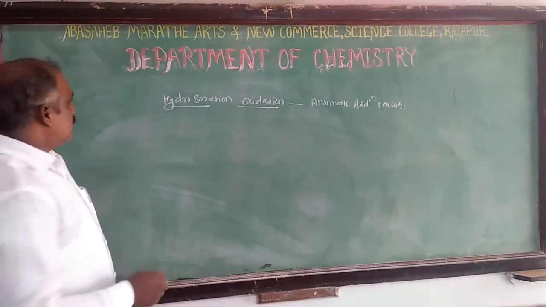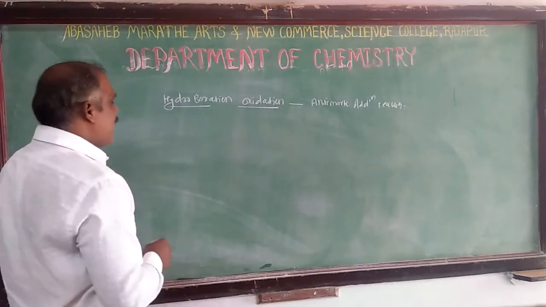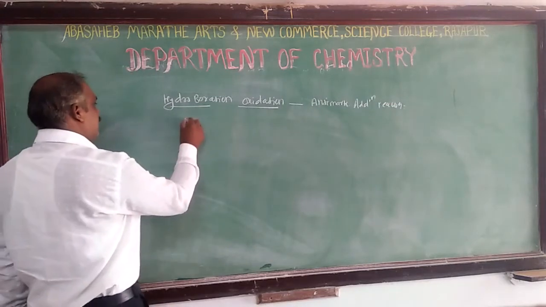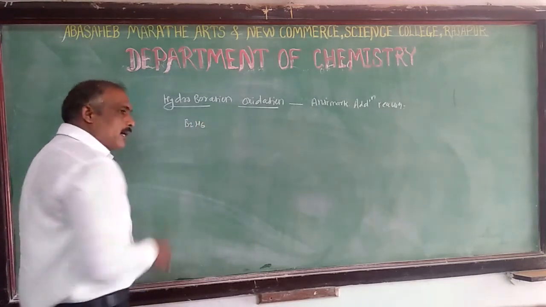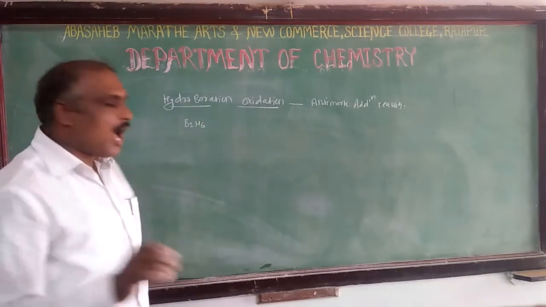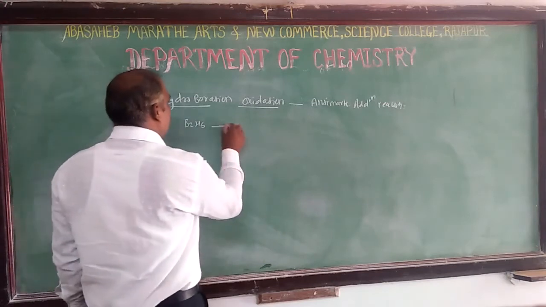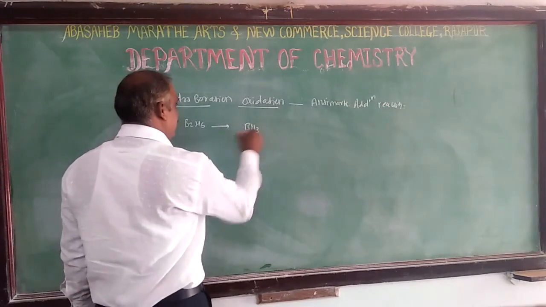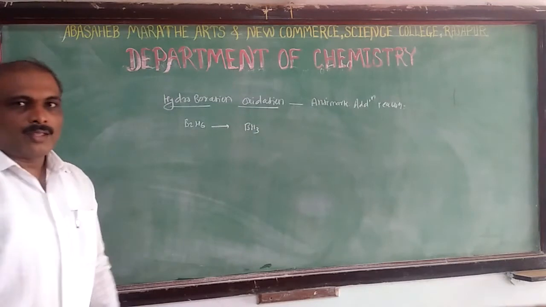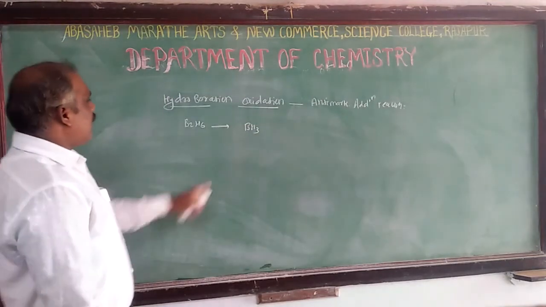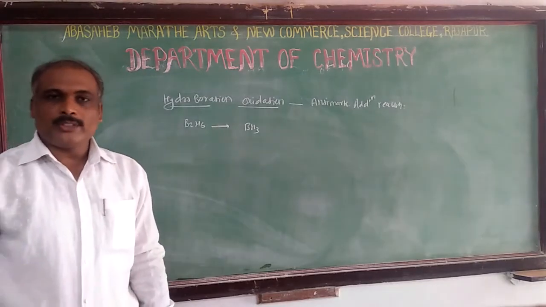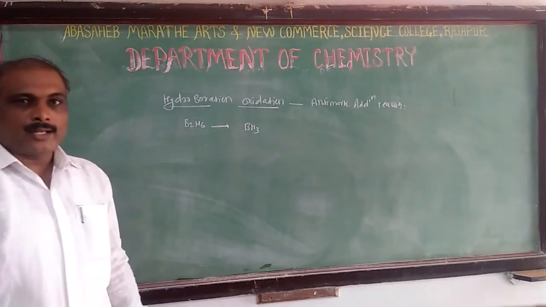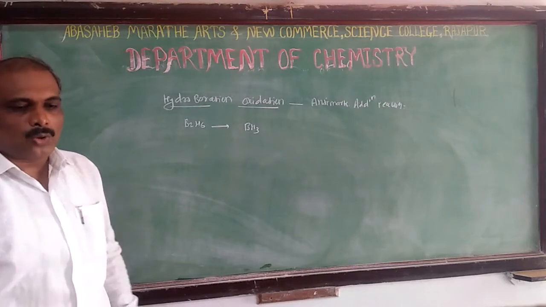So hydroboration reactions mainly use diborane, B2H6, but in the reactions it is used as the borane, BH3. And then after, oxidation using hydrogen peroxide to get the corresponding alcohols.